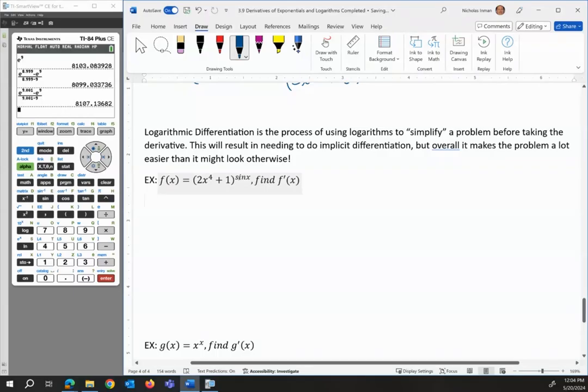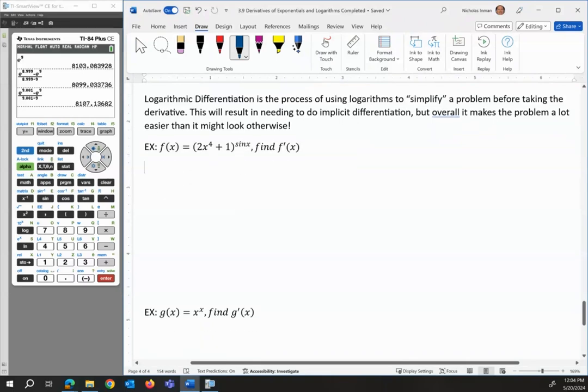So when the power is a function, and not just a 2 or a 5, we can't do the power rule. The power rule would say move this to the front and then subtract 1 from this. But this is not just a number. You can't do the power rule when the power is sine of x. That's a function, so we can't do that.